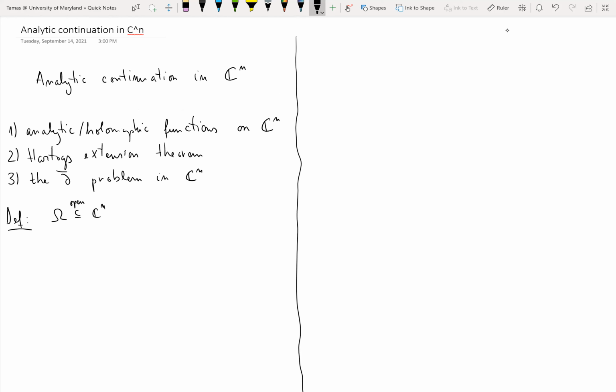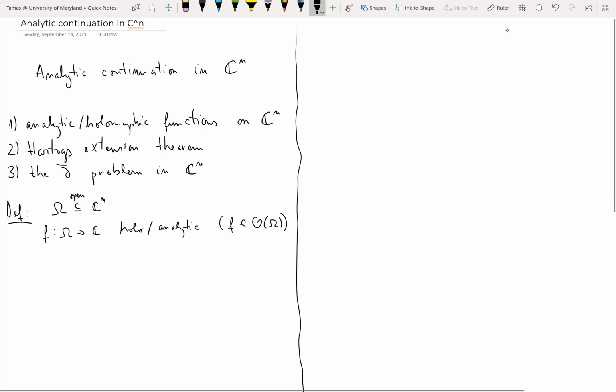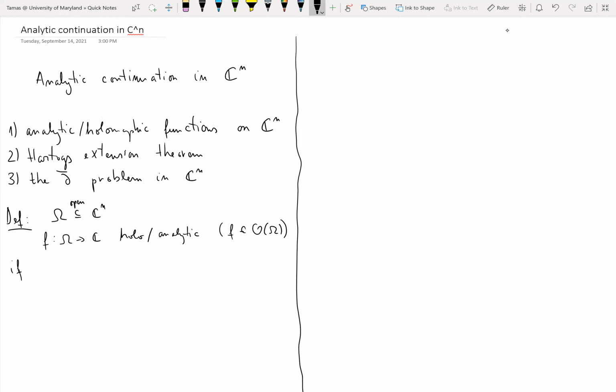We say that a function from omega to C is holomorphic or analytic, and the abbreviation for this will be F element of curly O of omega, if F is C1 in omega, so it's differentiable and its first partials are all continuous.